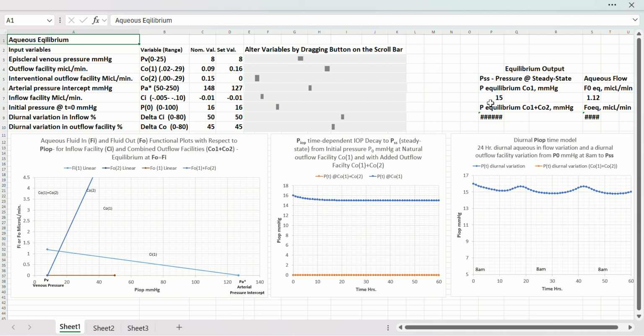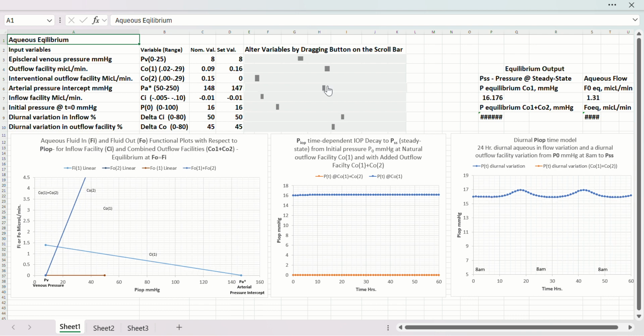It's not a lot, but it is some, and it is able to show this difference due to mean arterial pressure changes. And we'll put it back up to where it was roughly previously.